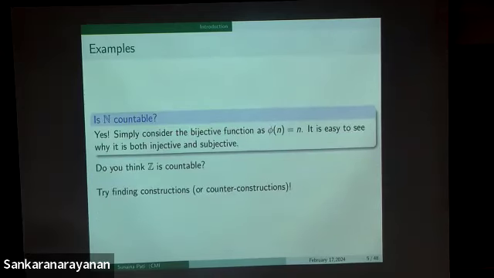Do you think N is countable or not countable? Countable. Just take the natural mapping, phi of N goes to N. That's your bijection. Do you think Z, the set of integers, is countable? Why?